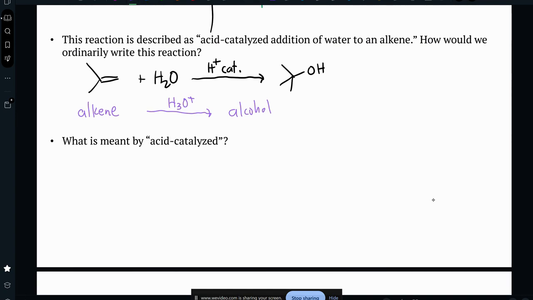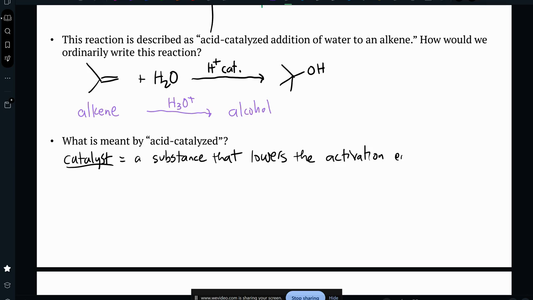Catalysts generally lower the activation energy of the reaction, speeding it up without getting used up in the reaction.